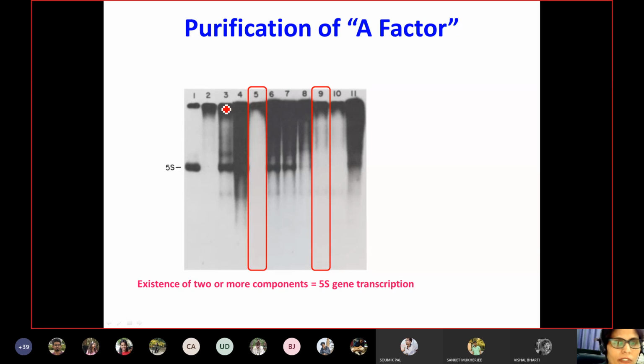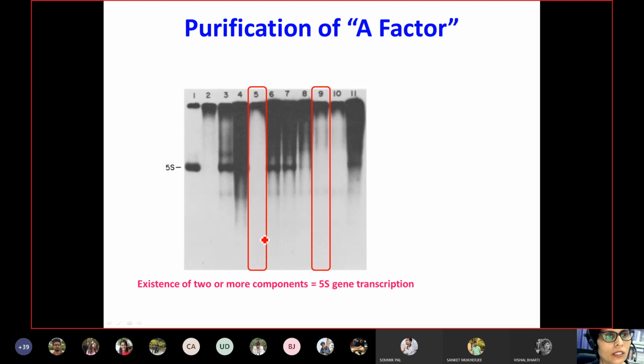These are coming from the Sephadex flow through and the phosphocellulose eluate. Both of these do not have exogenous RNA polymerase, and independently they are not able to elicit any 5S transcription. So these two fractions are very good fractions for carrying out complementation kinds of assays.